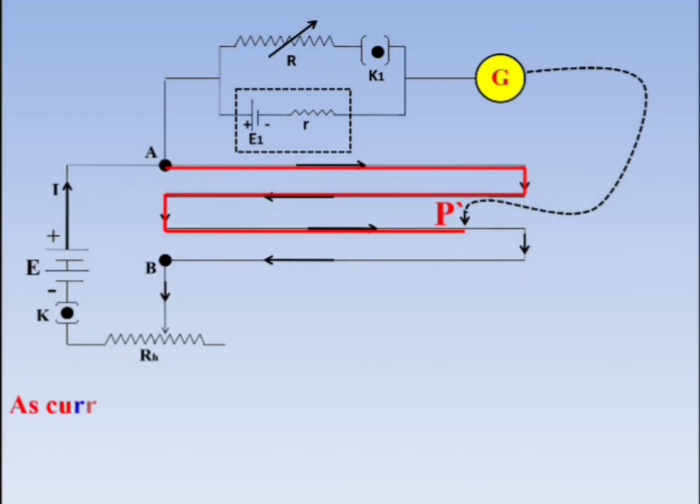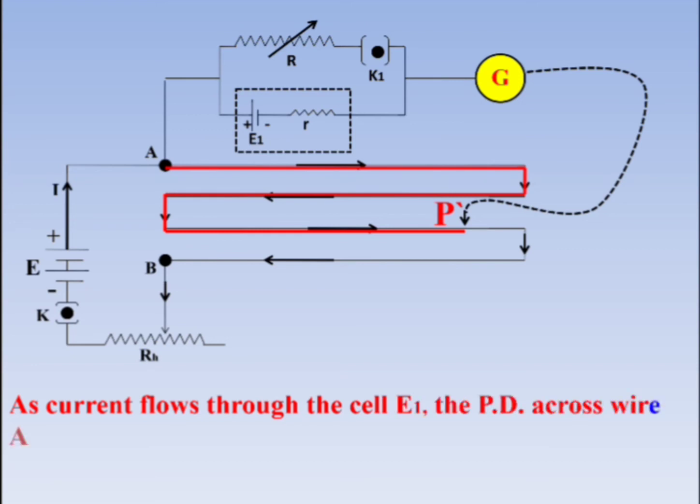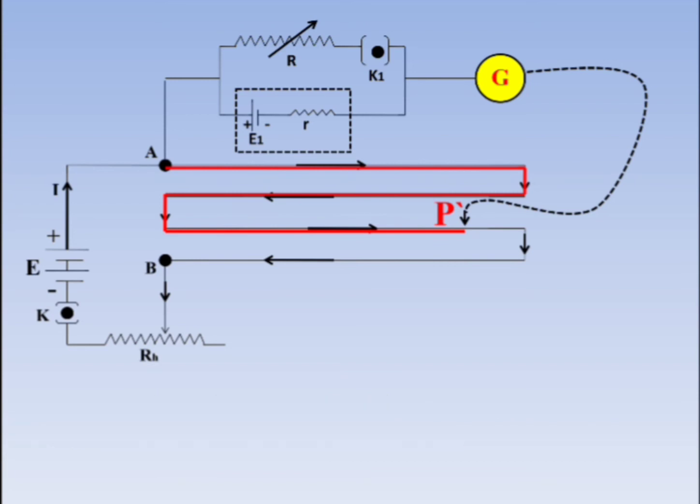As current flows through the cell of EMF E1, the potential difference across the wire AP' of length L2 is equal to the terminal potential difference of the cell. Hence, V_AP', that is the potential difference across the wire AP', is equal to V, which is the terminal potential difference of the cell E1.